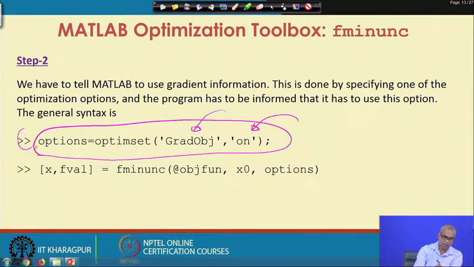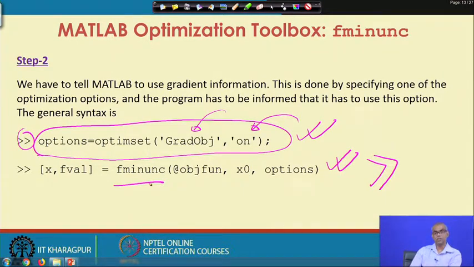This symbol represents the command line. So, you can type it in the command line, or you can create another M file, give it some other name and write this statement, and then call the solver fmin to minimize the function written in obj.fun.